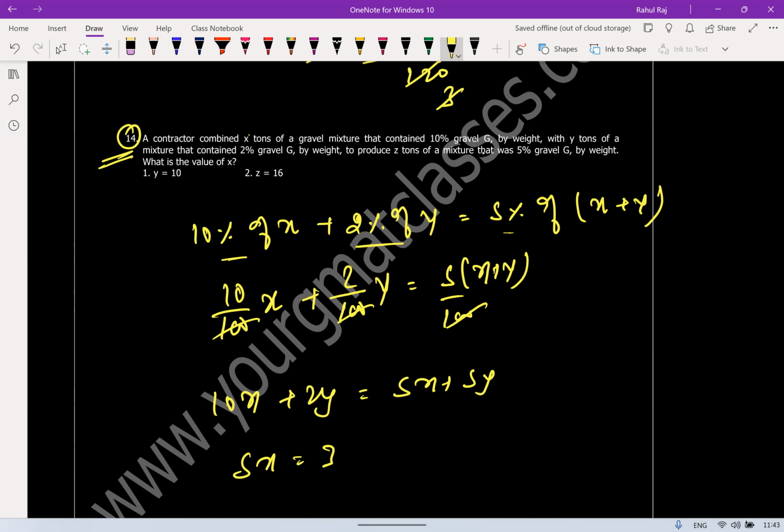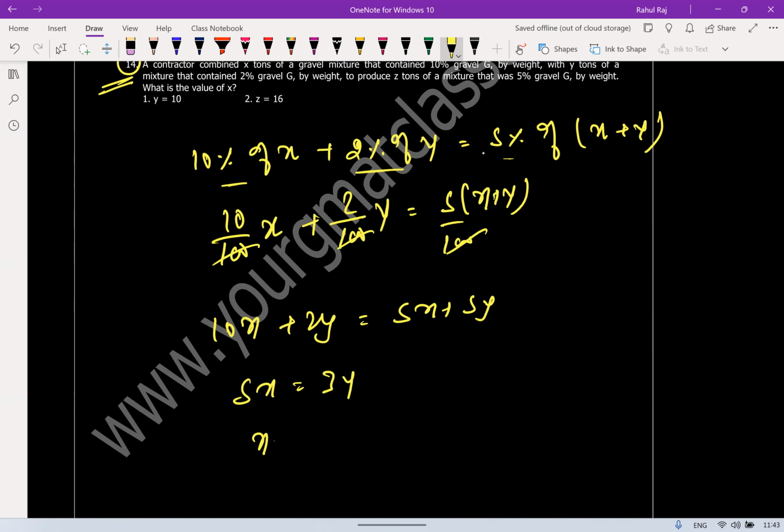This is 5X is equal to 3Y. X is equal to what? 3 by 5 Y. If you get the value of Y is equal to 10, you will get the value of X, sufficient. And here, what is this? Z is equal to 16.